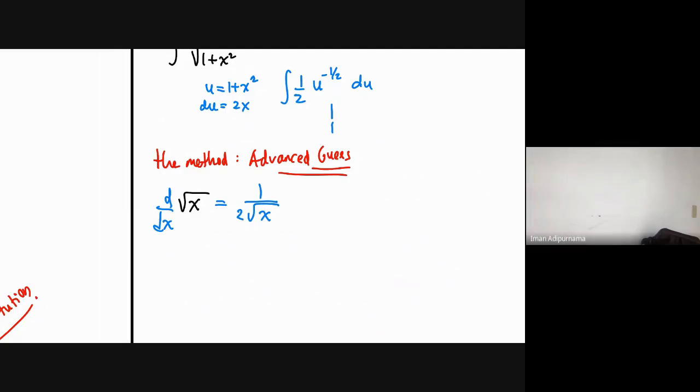If I have x squared plus 1, what will be 1 over 2 times 2x? Okay, you get the idea. If you know the form before the integration, you know the differentiation, you can guess some form. And sometimes this advanced guessing method is faster than using substitution.